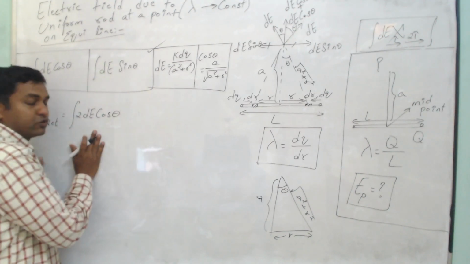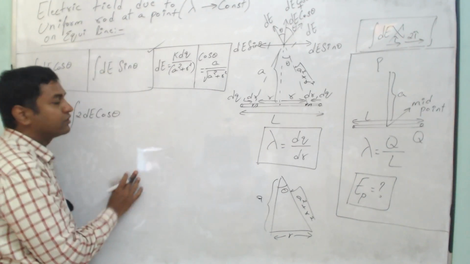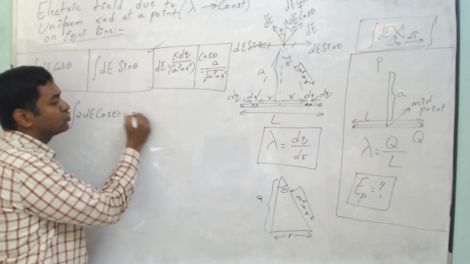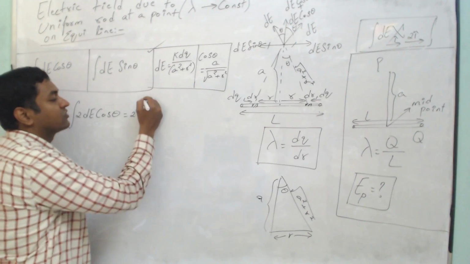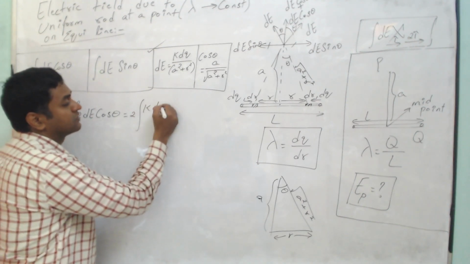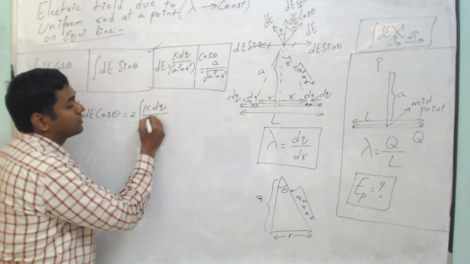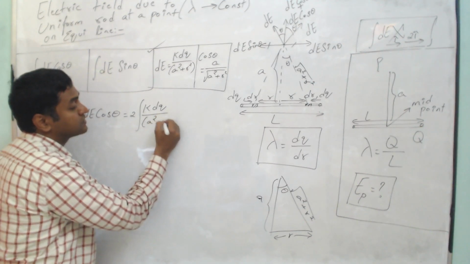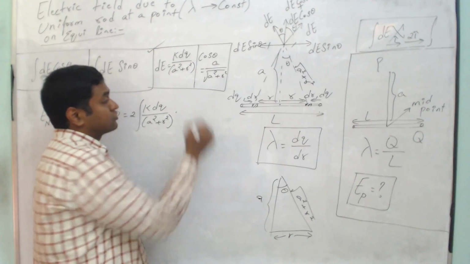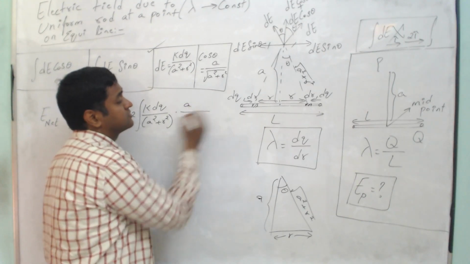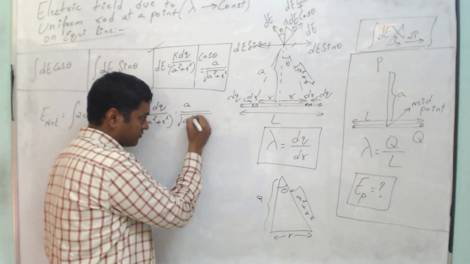So let me come to the final solving of this. I'll take 2 as a constant and bring it out. Right? Yes, sir. I'll just substitute first. K dq upon a square plus r square, into cos theta, which is a by the square root of a square plus r square.